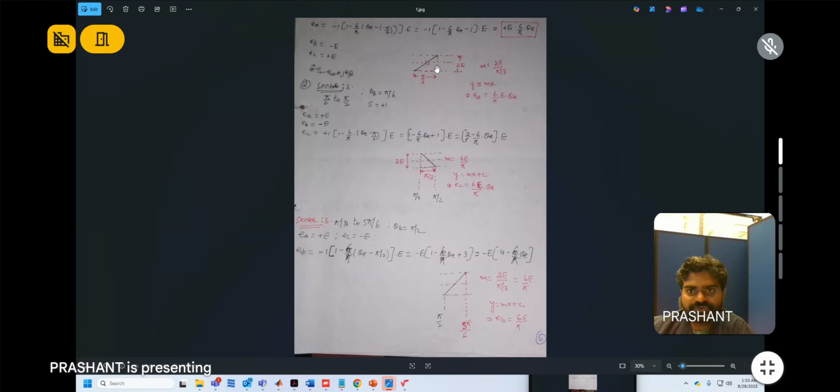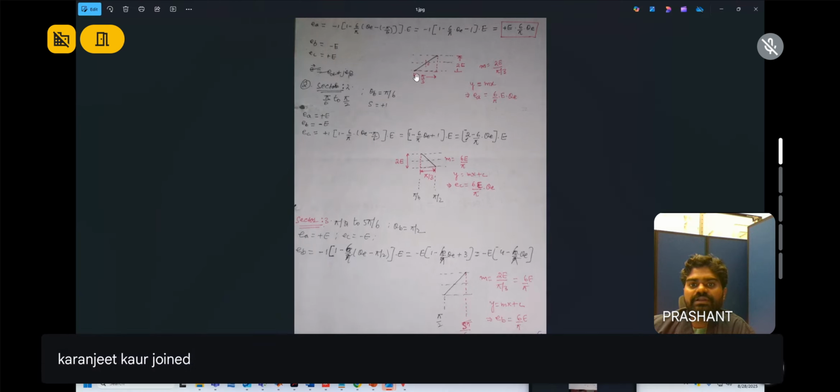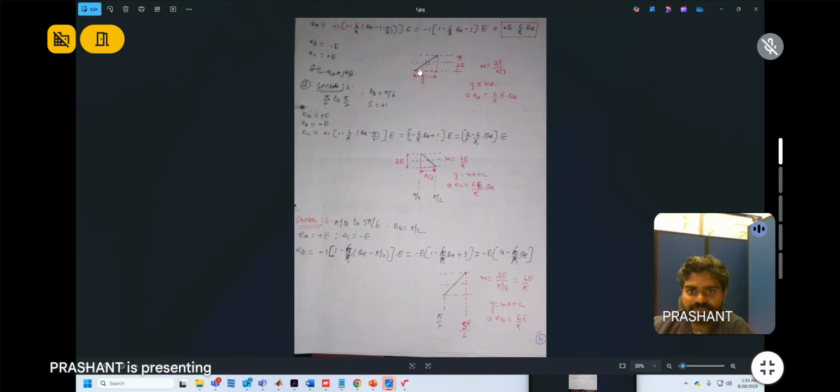From the straight line equations, for any sector I am considering, this is for sector 1, suppose it is increasing or decreasing, y is equal to mx plus c.